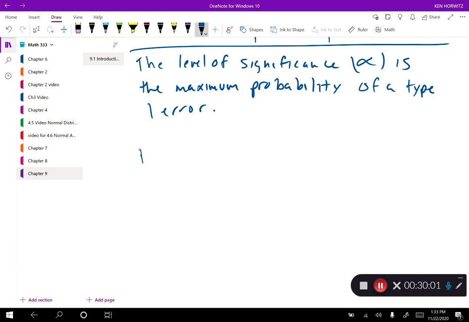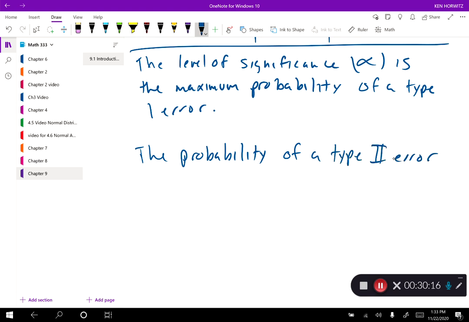The probability of a type 2 error is symbolized with a beta, Greek letter beta. And I will talk a little bit more about type 1 and type 2 errors in future sections.